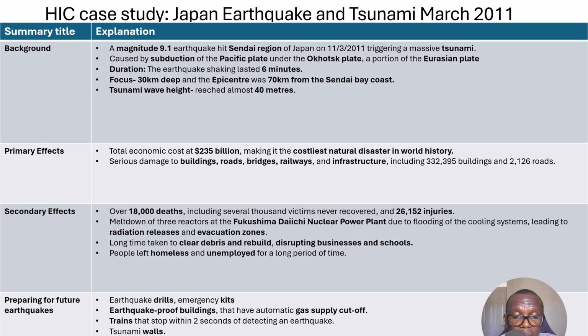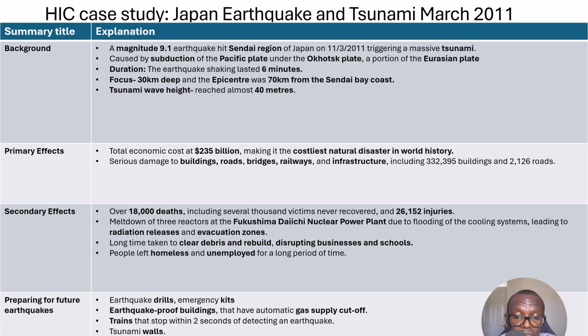There was a meltdown of 3 of the reactors, and this was as a result of flooding of the cooling systems. So the tsunami water actually went into the cooling systems and disrupted them, leading to radiation release and evacuation zones.